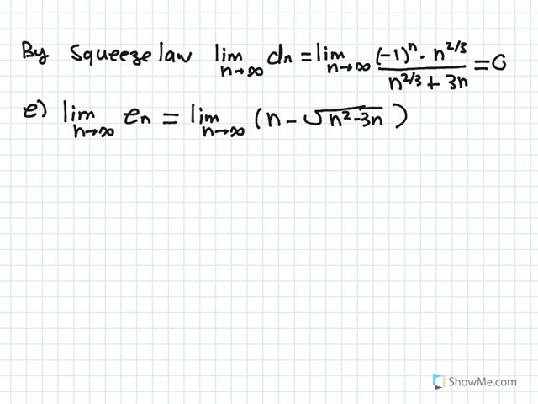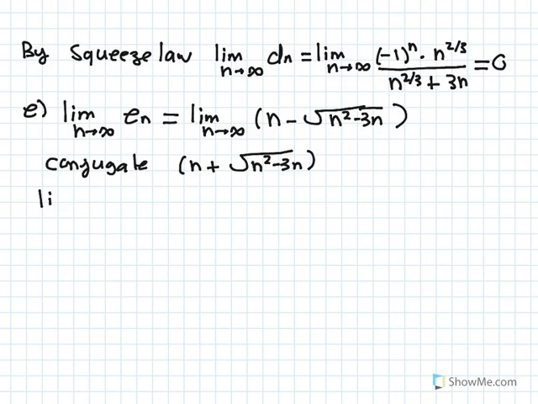So this is one of those questions that you have to have done before to know what to do when you see the question. That's why it's really important to do lots of practice and lots of homework questions. So let's multiply by the conjugate. The conjugate is n plus root of n squared minus 3n.